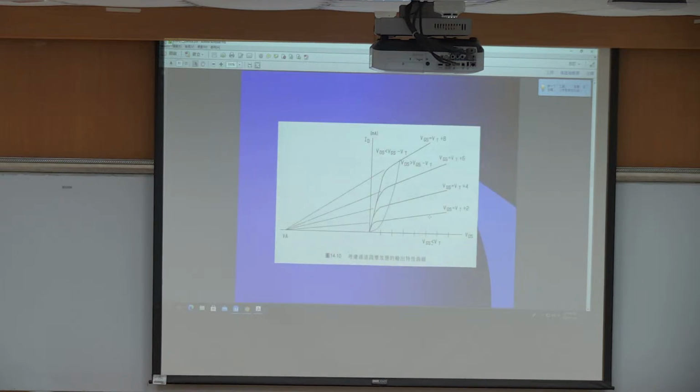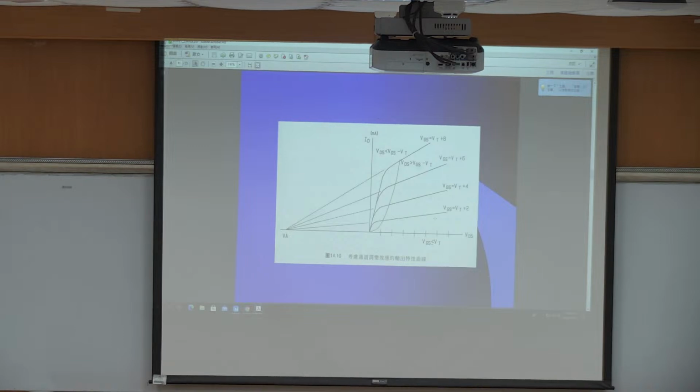Okay, and then the device has a characteristic which is similar to the BJT, but in this device we call it the channel length modulation effect. The channel length modulation effect means that the larger VDS we add, the ID does not equal a constant value.